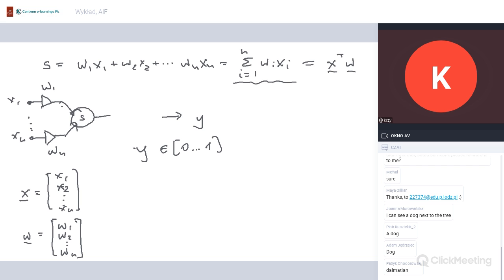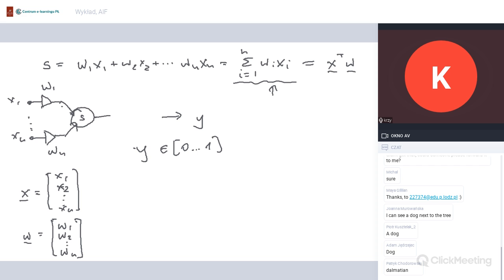Now, as you see in this expression here, it can be a real number of arbitrary magnitude. There is no mechanism here that prevents us from going out of this range. And this neuron will be an element of a network. So all neurons should be the same. It will be feeding some other neurons with its output signals.